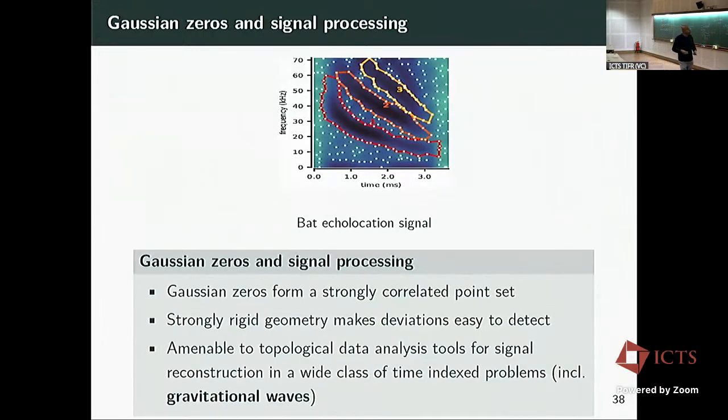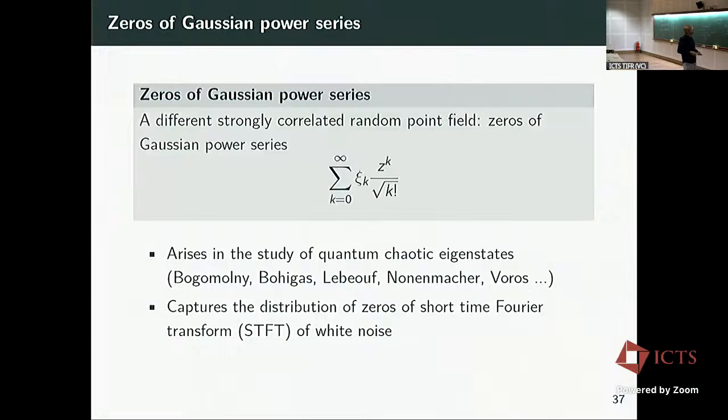Now, what is this good for? So the idea is that the zeros of this complex function form a strongly correlated particle system with similar repulsive properties as, let's say, a determinantal process or a fermionic system.